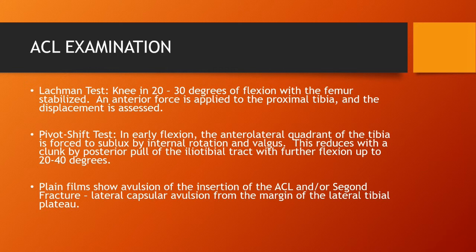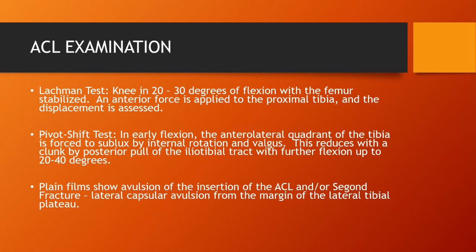Okay, on physical examination, the most specific test for anterior cruciate ligament that's described in the literature is the Lachman test. And with the Lachman test, you place the knee in 20 to 30 degrees of flexion, and the femur is stabilized anteriorly. So the doctor's superior hand is placed on the anterior aspect of the distal femur just above the patella and applies a posteriorly directed stabilization to the femur.